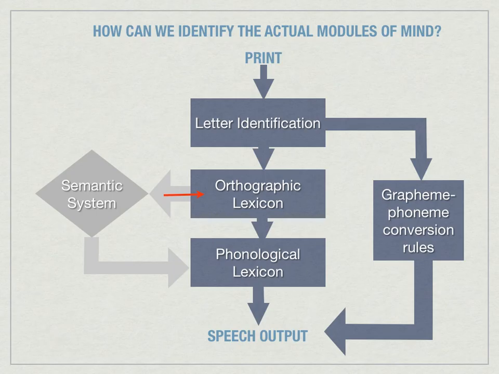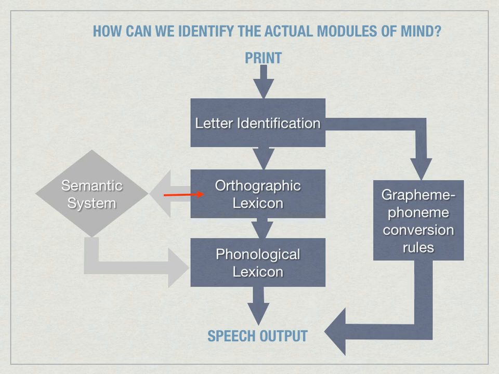If you look at the model, we distinguish the meaning of the word in this little gray diamond-shaped box called the semantic system. We distinguish the meaning from the letter sequence that makes up the form of the word, and that is stored in the orthographic lexicon.